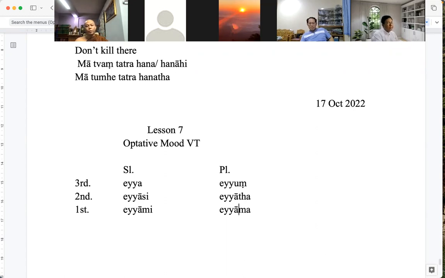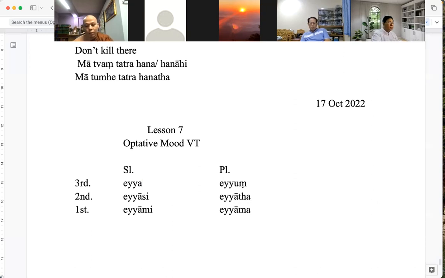In this way: iya, iyum, iyasi, iyata, iyami, iyama. That is the common form or basic form.